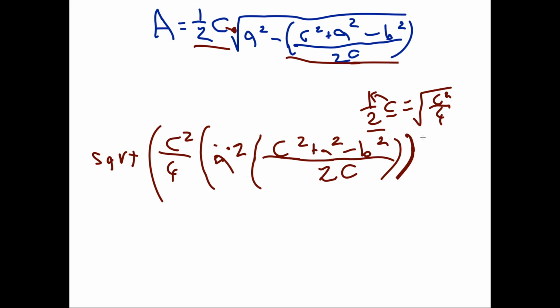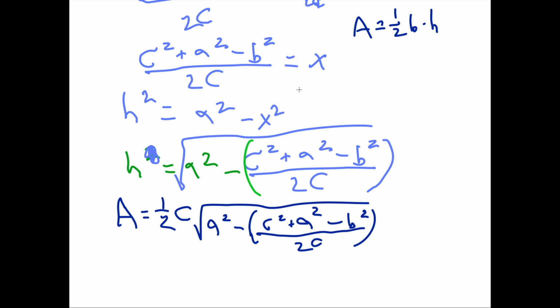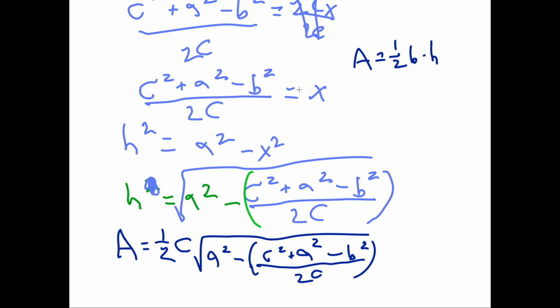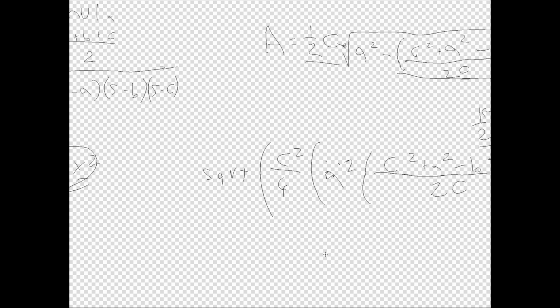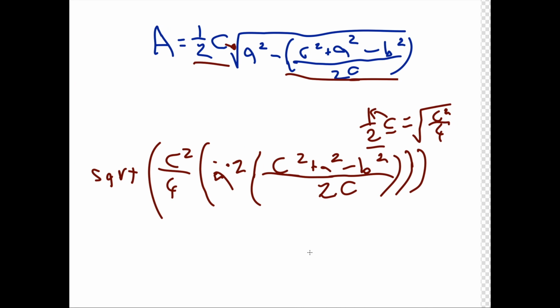Yes, because here x was being squared, so this whole thing should be squared. So this should be squared, and this should be squared. There we go, I fixed it.